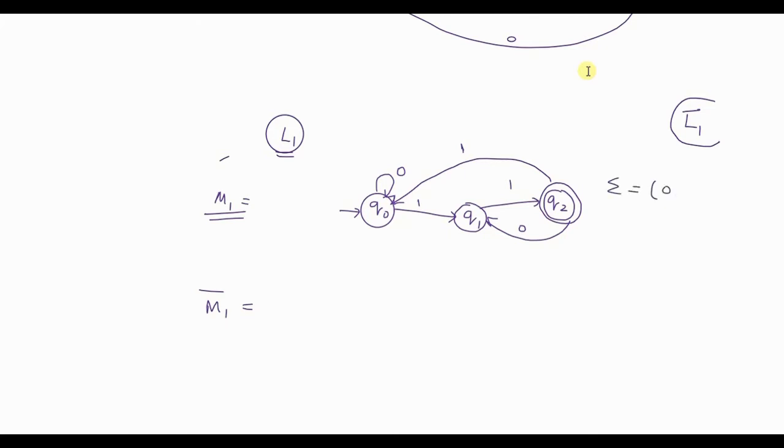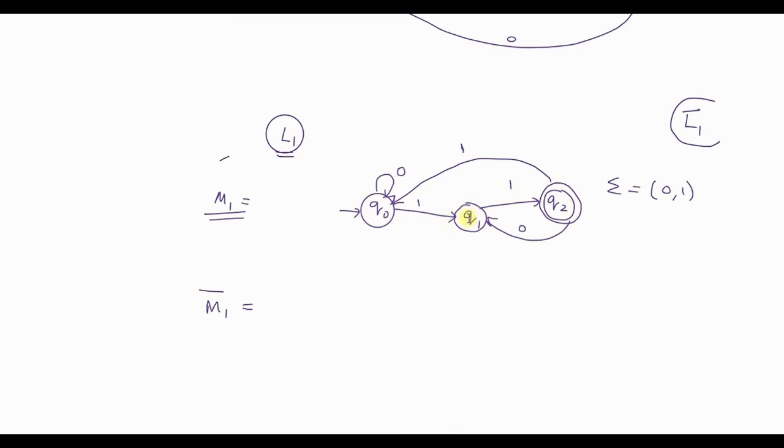Sigma is 0, 1. Now let's check. Q0 on 0 goes to Q0 itself. Q0 on 1 goes to Q1. So both transitions are defined for state Q0. But when you consider Q1, on 1 it goes to Q2, but Q1 on 0 does not go anywhere.